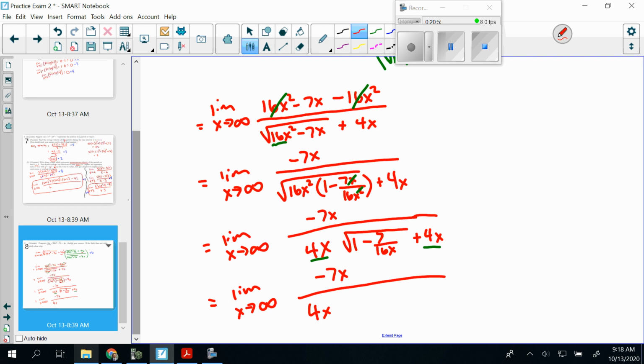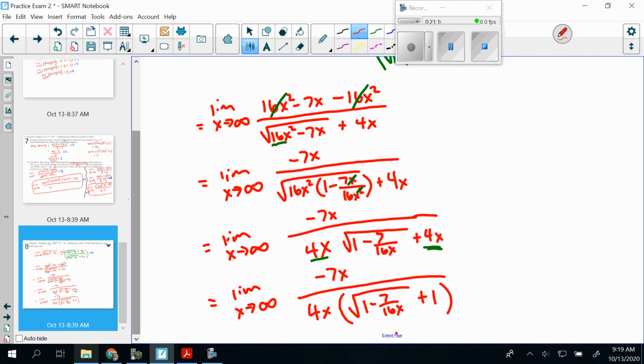And the reason I want to do that is eventually I want to cancel some x's here. And so what remains then is the square root term. And if I factored 4x out of this one, it'd just be plus 1. Okay, so now we've got to this step.